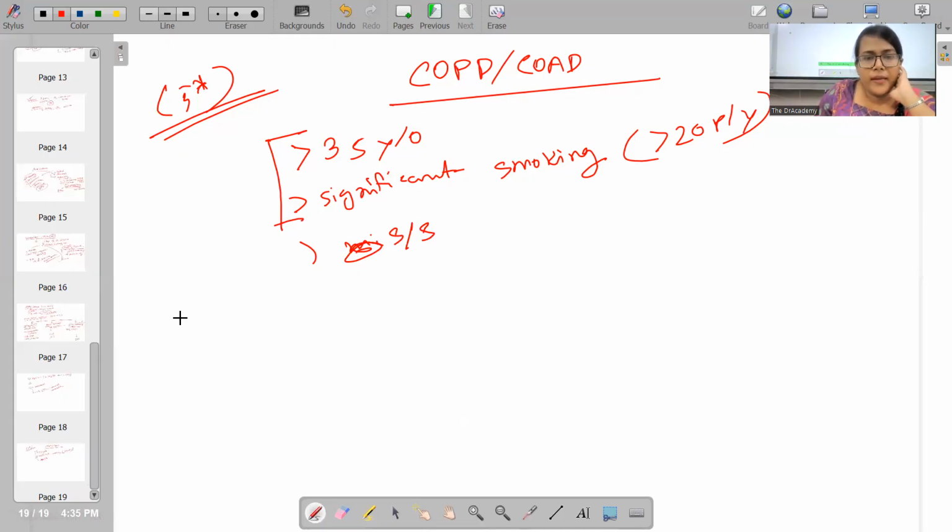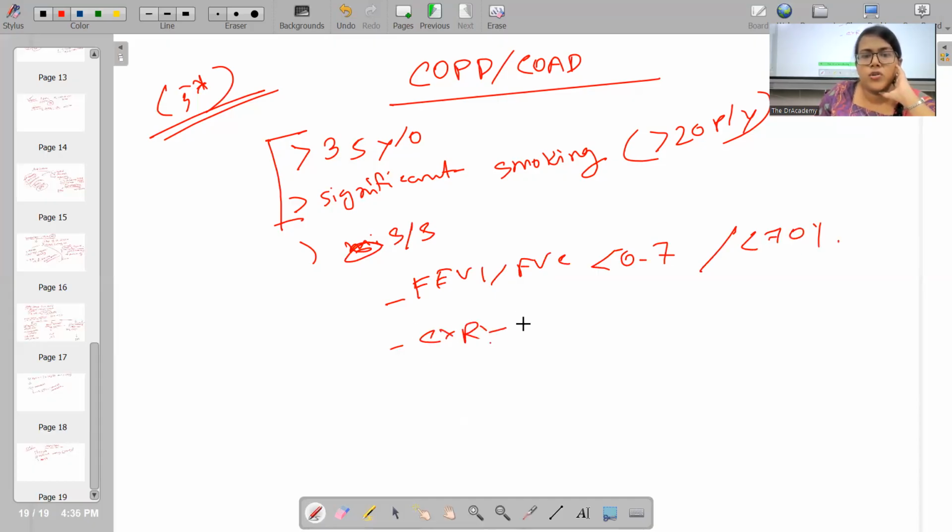So apart from that, there are some further diagnostic criteria like FEV1/FVC ratio will be showing less than 0.7, or 70%, less than 70%. All right. And chest x-ray will be showing features of hyperinflation.